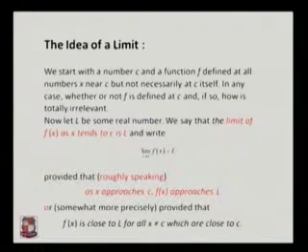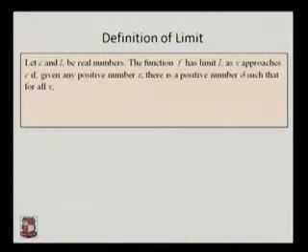When we write limit x tends to c, that means x is not equal to c but x is close to c. Okay, so this is the formal definition of the limit.